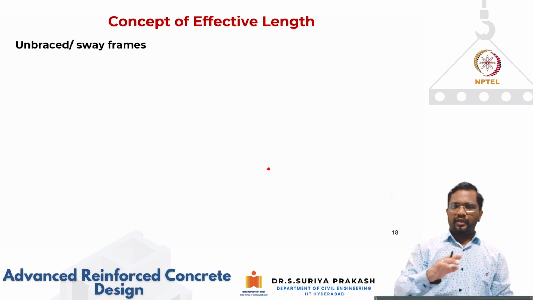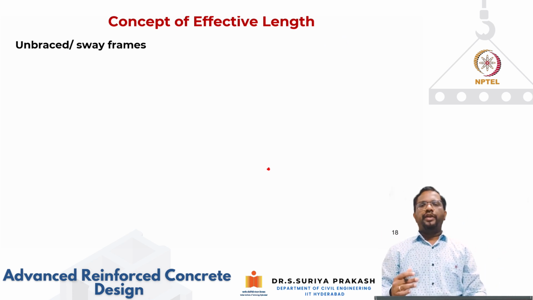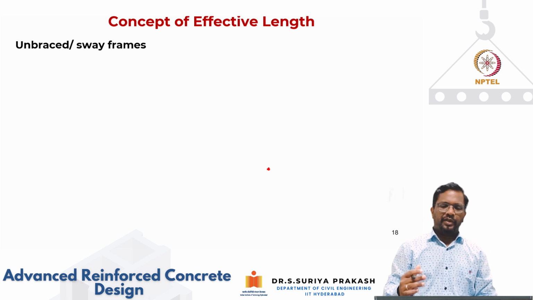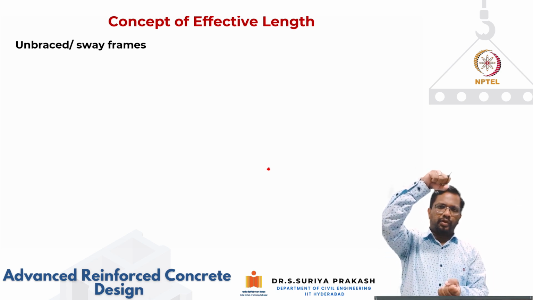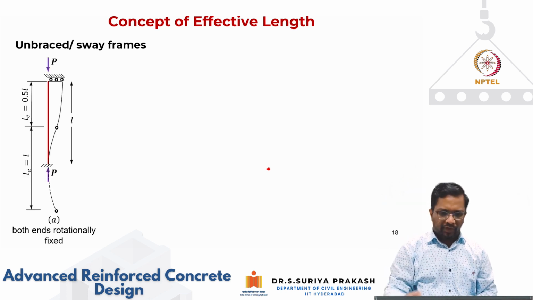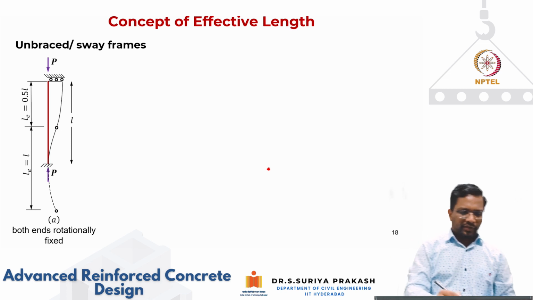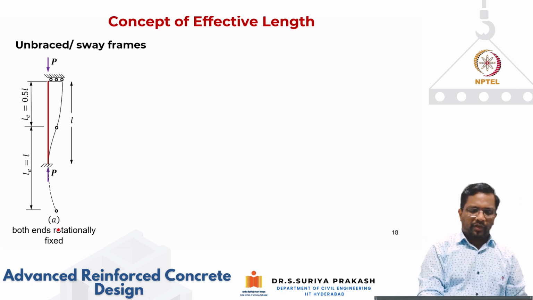Now let's look at the next case, which is an unbraced or a sway frame. As the name indicates, the top and bottom points of the column are free to move with respect to each other. So this is the case. Again we are going back and looking at both ends being rotationally fixed.